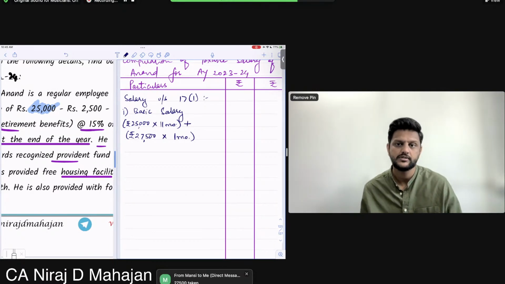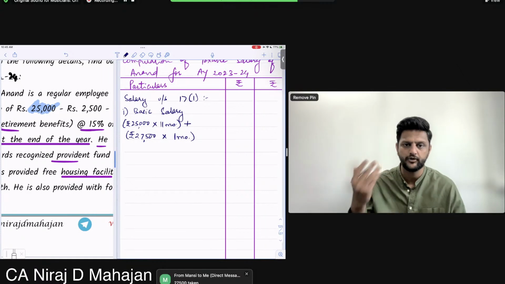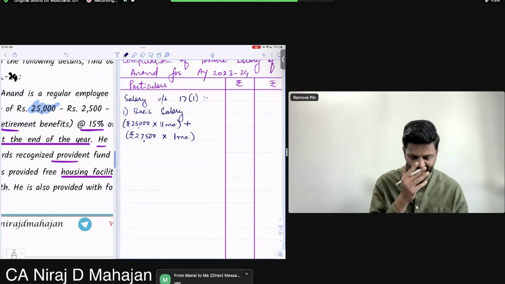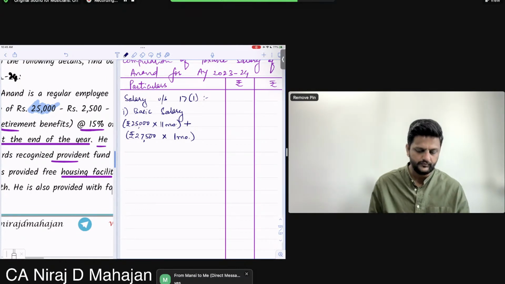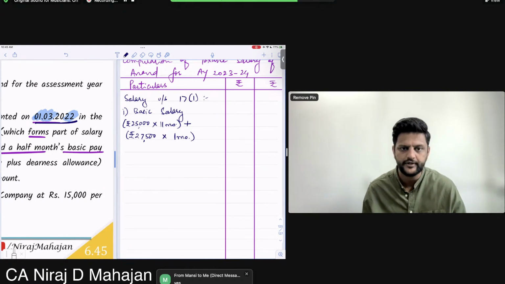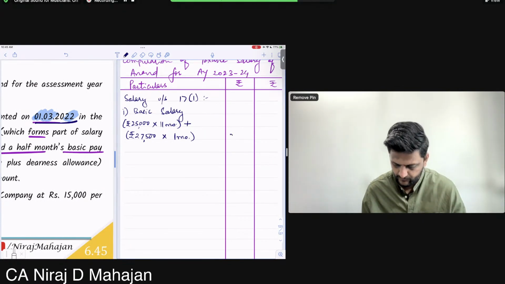You took all 12 months, or 11 months, and then an increment of 30,000 or something like that. No. It was March 22, so earlier year, in fact last financial year. This comes to 3,02,500. Khushbu, Nitin, understood?